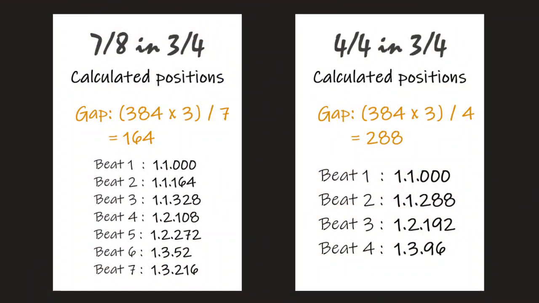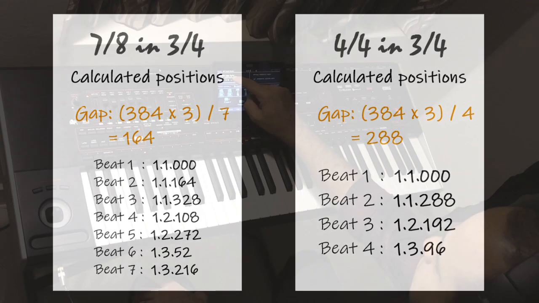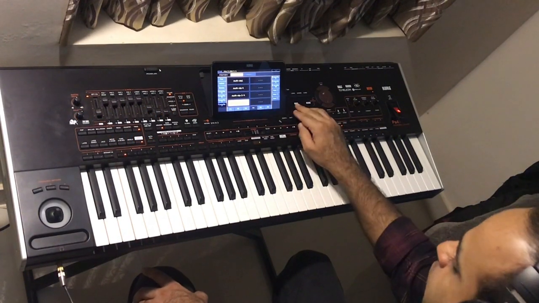These are the settings for the other elements where 3/4 is the original time signature. The total length of the bar will be 1152, which is 384 into 3. This one is created with 7/8 as the original signature.